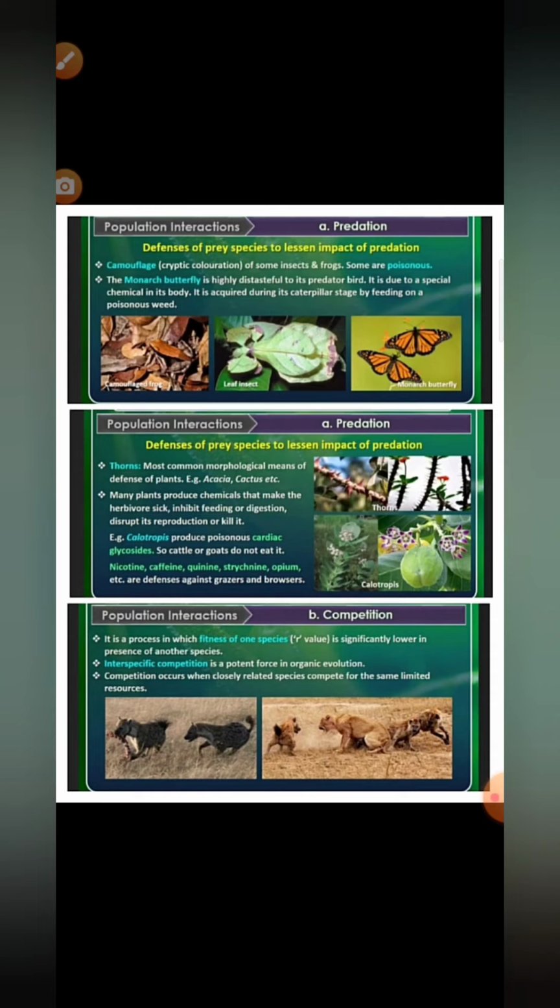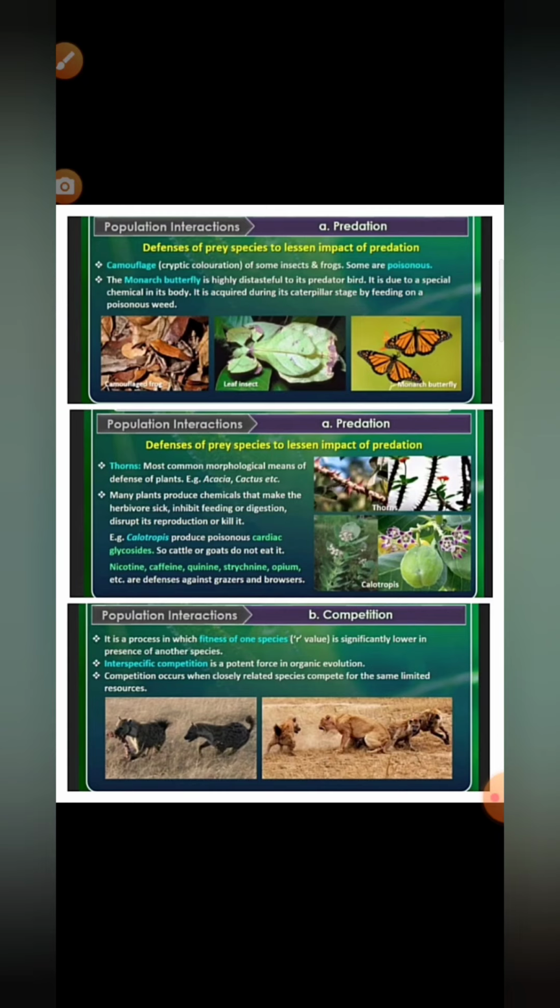Some totally unrelated species could also compete for the same resource, like in some shallow American lakes, visiting flamingos and resident fishes compete for their common food, which is the zooplankton. Okay, so there is competition for the same resource between totally unrelated species. Flamingos and fishes, those are totally unrelated species.